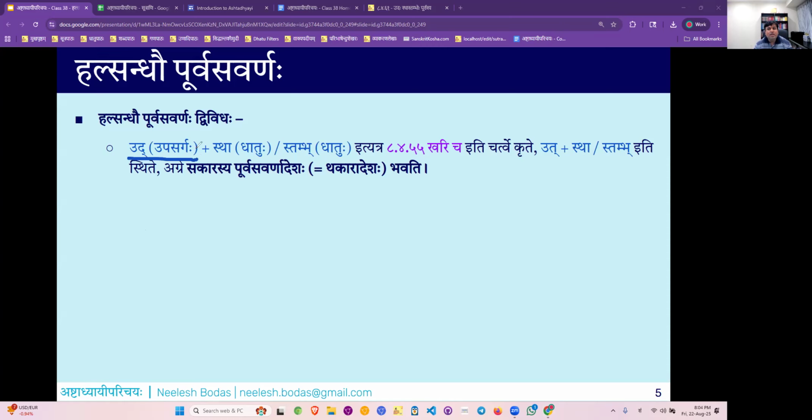There must be Udda Upasarga. So out of those 22 Upasargas, there is an Upasarga called Udda. By the way, the Upasarga is actually Dakaranta. So because sometimes Chartva will happen, people end up using it as Takaranta, Utpatati and so on. But what is the original Upasarga? It is Dakaranta Upasarga.